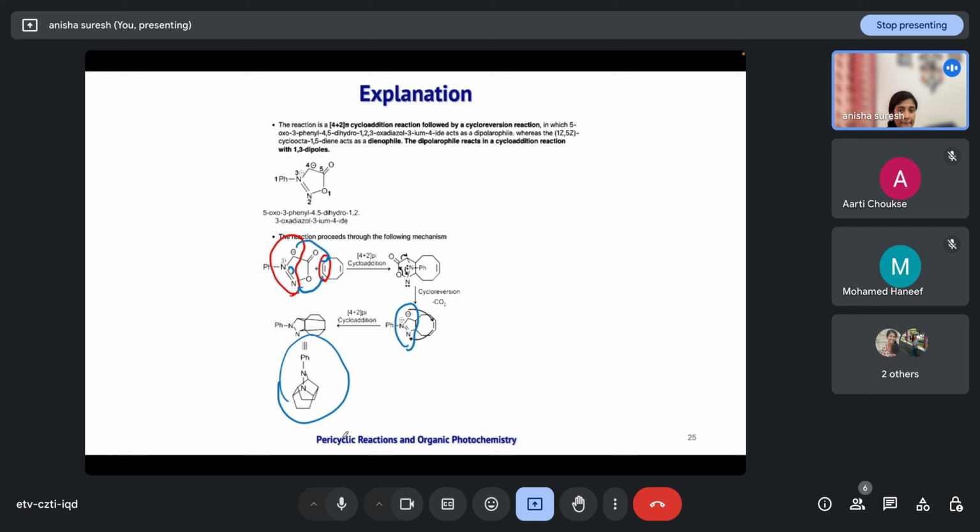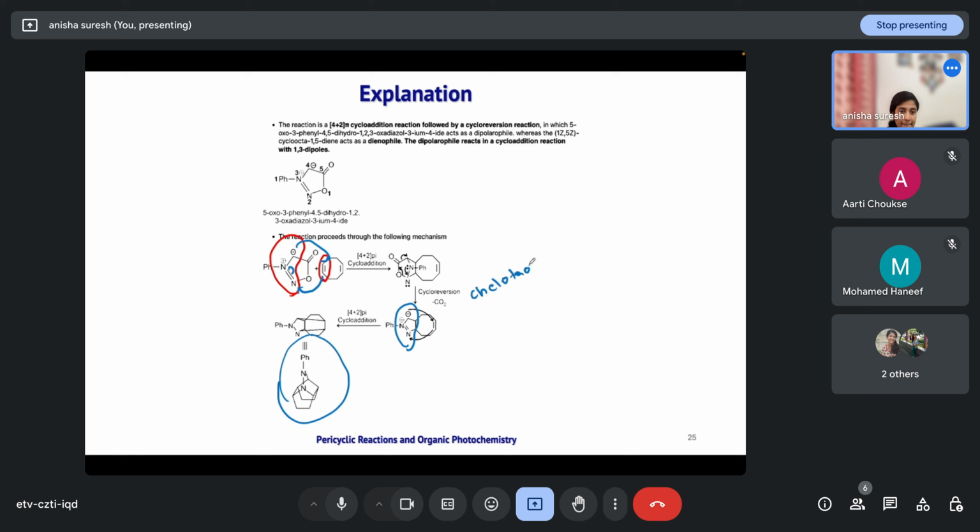So this is an example of cycloaddition and cycloreversion process. A series of cycloaddition and cycloreversion reactions is taking place. And if we particularly consider the removal of CO2, this step can also be named chelotropic elimination.